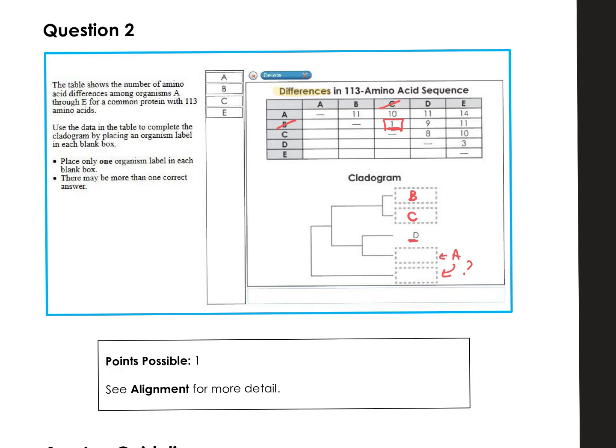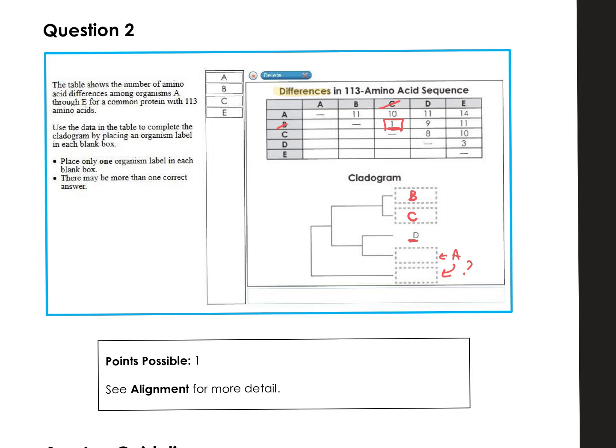Let's see, which one's left? How closely related is E, which is the other one, to D? E and D share 3, so they're really closely related. Where A and D have 11 differences.